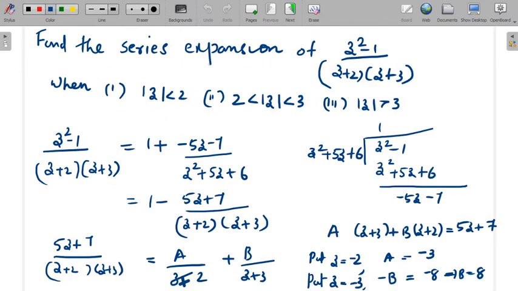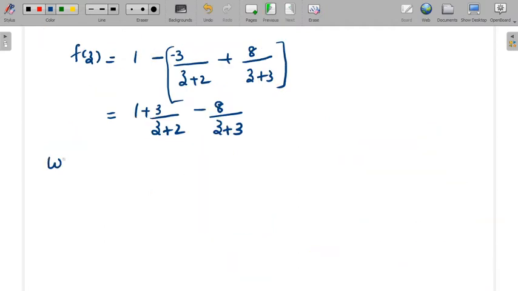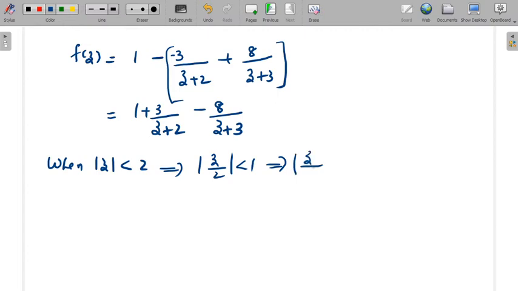So the first one is mod z less than 2. So when mod z less than 2, it means we are going to expand in powers of z. So mod z less than 2 implies mod z by 2 is less than 1, and surely then mod z by 3 will be less than 1. So no change as we have done in the previous class.